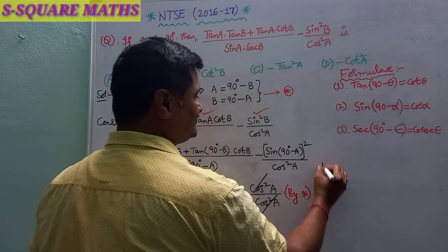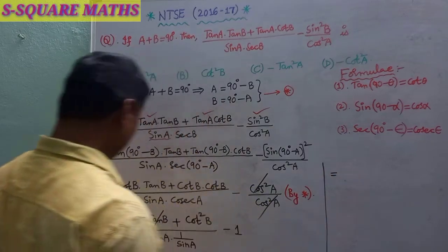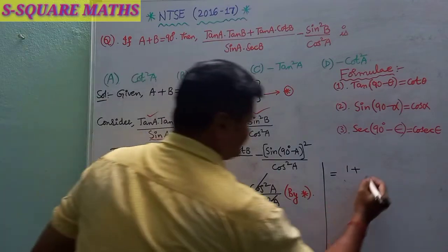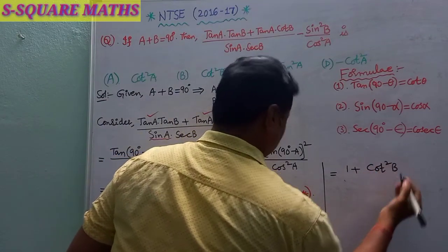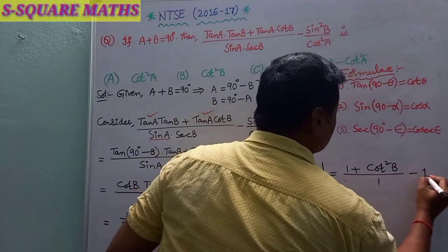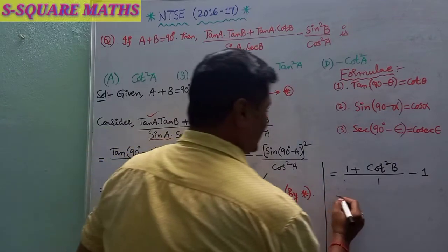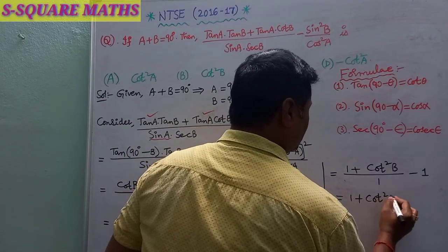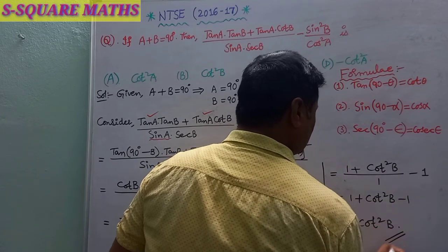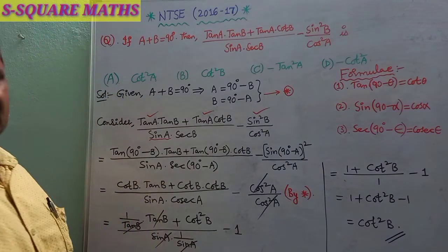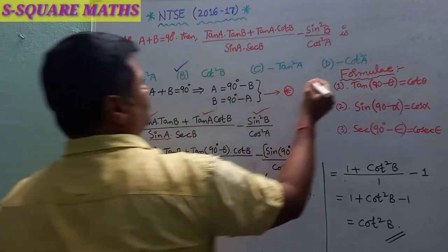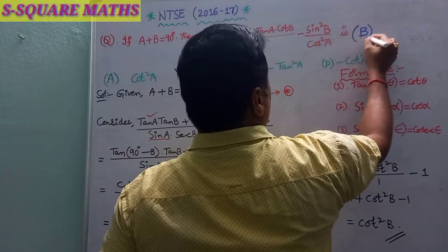I am going to write the leftover part, nothing but 1 plus cot square B by sin A, and sin A gets cancelled, and 1 and minus 1 get cancelled. So finally 1 plus cot square B minus 1 is equal to cot square B. So this is our answer. Cot square B is option B.